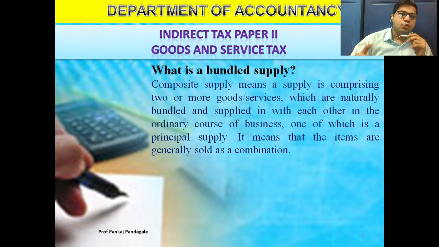Bundle supply means two or more goods or services are supplied with each other in the ordinary course of business. In that, one supply is a principal supply and another is a secondary or ancillary supply.